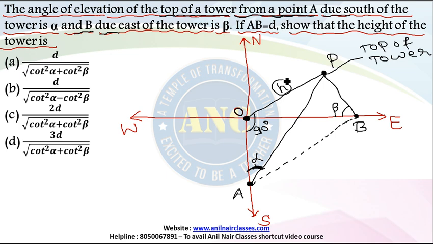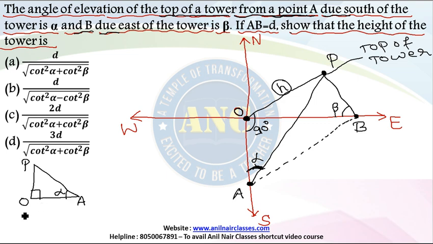Now see here, sir. If I take this triangle OPA, let me draw it here. This is O, this is P, this angle is 90 degrees, and this is A, and the angle of elevation at A is given as alpha.